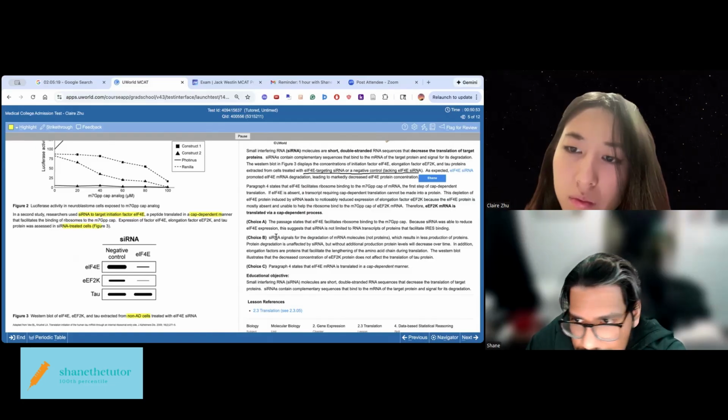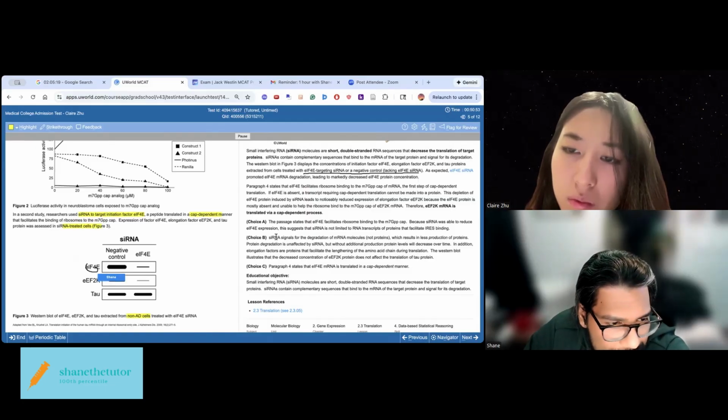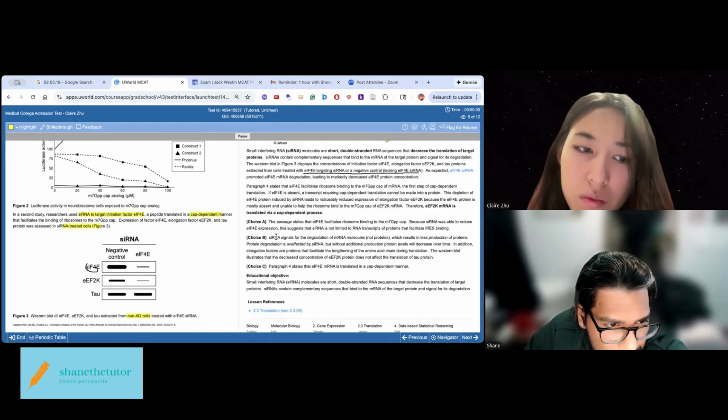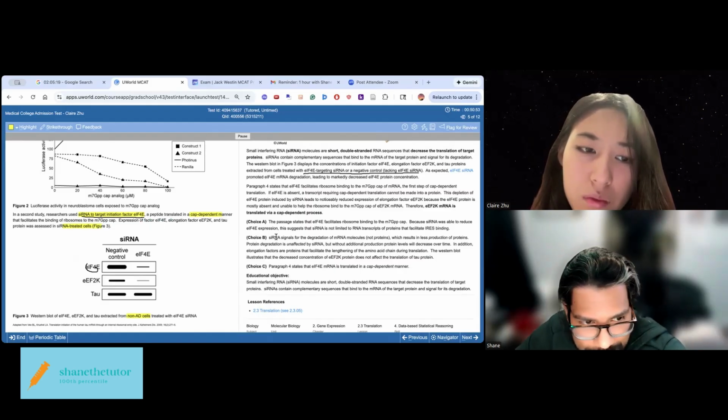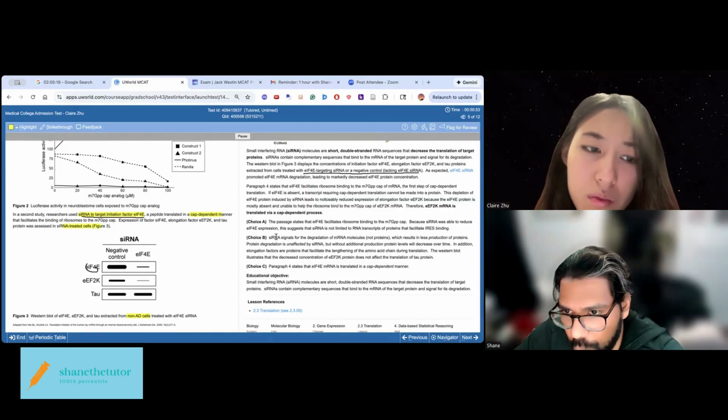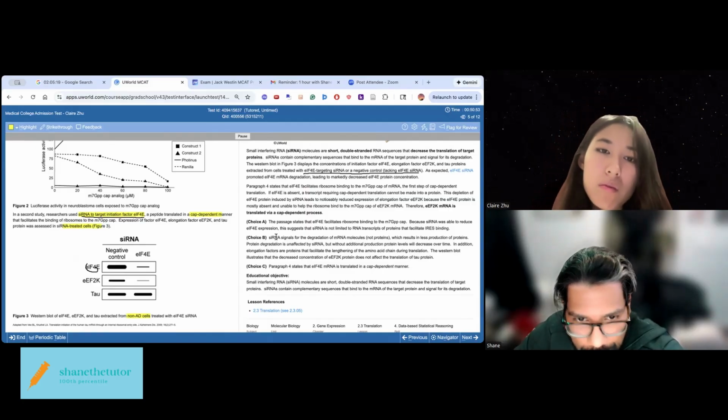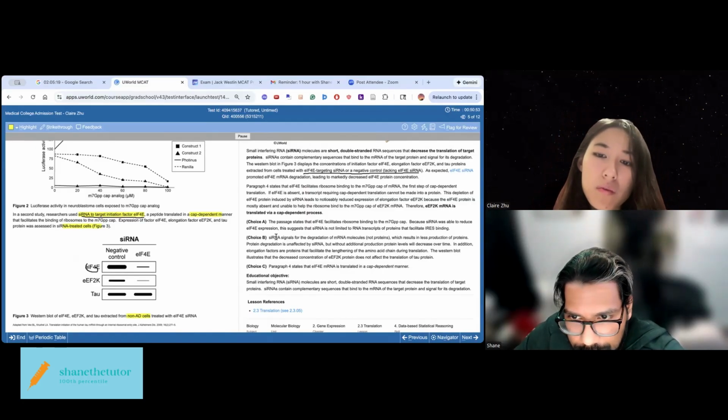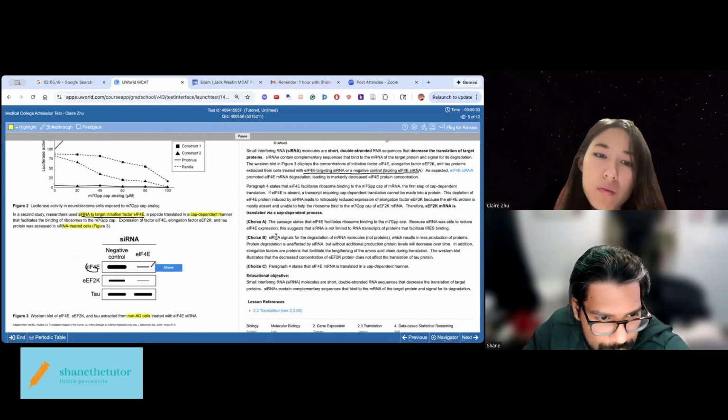So this is the silencing of the ELF4E. Okay. And it makes sense that we have a small amount of this.